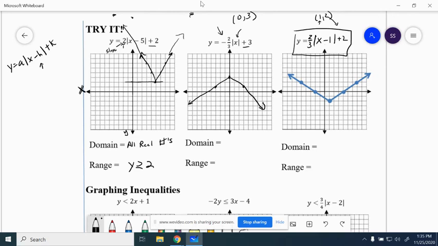All right, next one, domain. Again, because these are arrows going off, I'm not going to be able to find a minimum or maximum value for x. So this is going to be all real numbers. How about the range? If I'm looking on the y-axis, there's not going to be a minimum value, right?